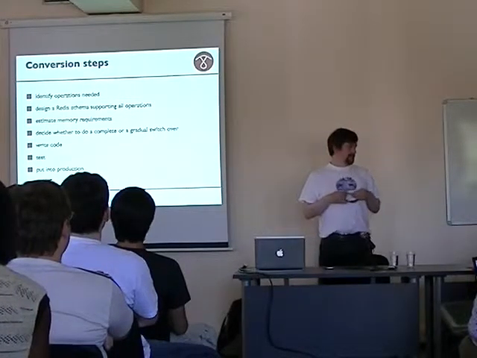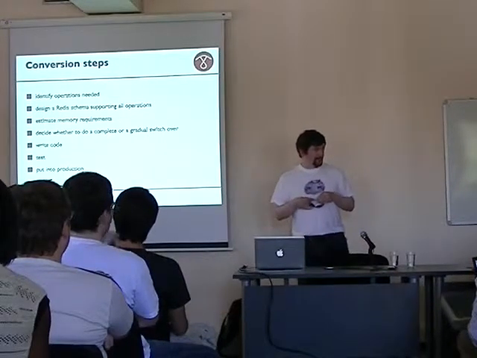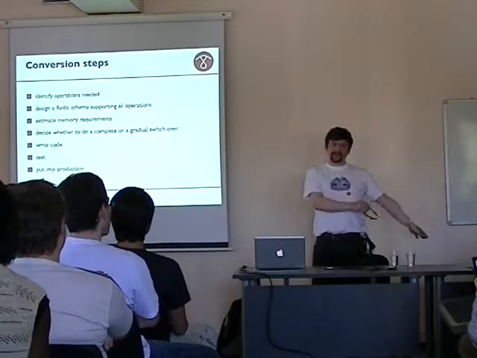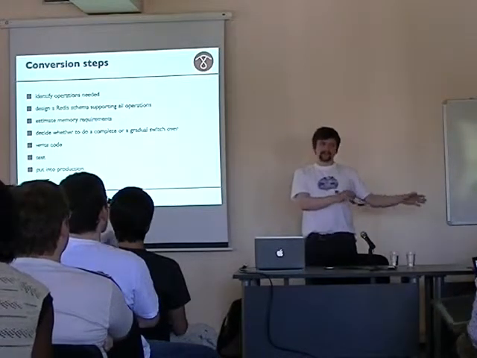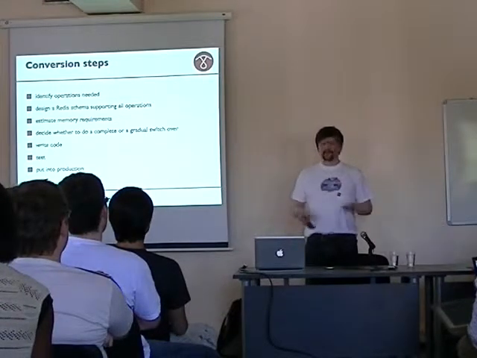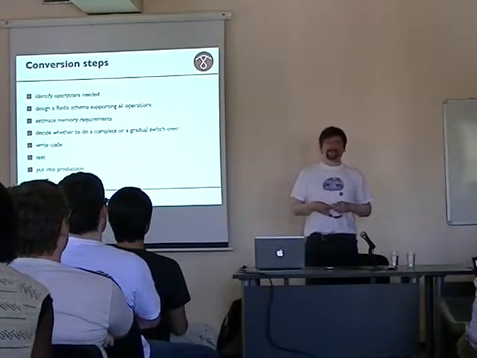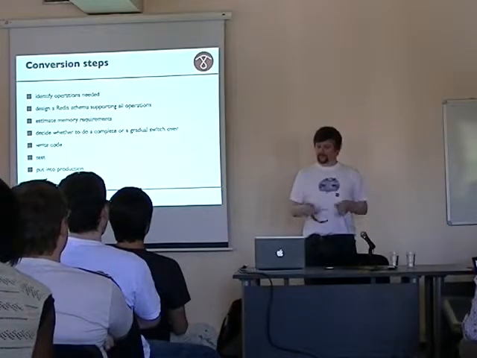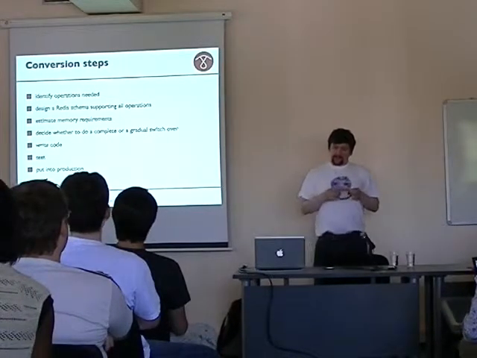Then, of course, we need to make sure that it fits into main memory, because it is a main memory database. Persistence is nice, but it's only for backup. It doesn't do any operations on disk. So if your data set will fit into memory, fine. If it will not, well, either put more memory into a box or just hide it.